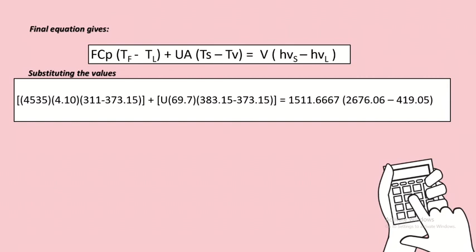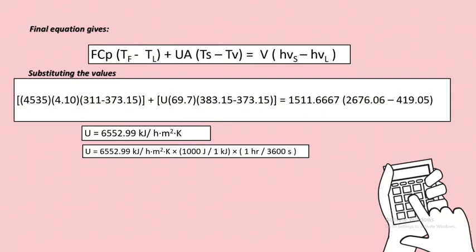Substituting the values gives us this equation. As you can see, only the overall heat transfer coefficient U is the unknown, and from that we can calculate for the value. So U is equal to 6552.99 kilojoules per hour square meters Kelvin. And with this, we can convert kilojoules to joules and hours to seconds.